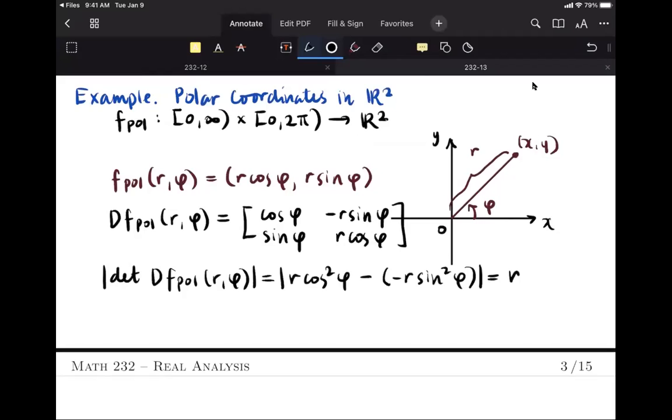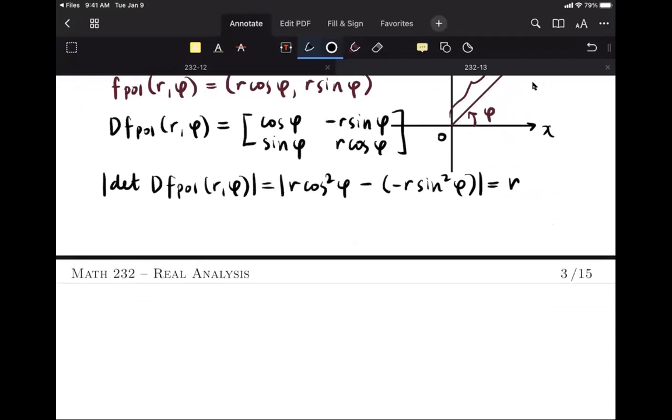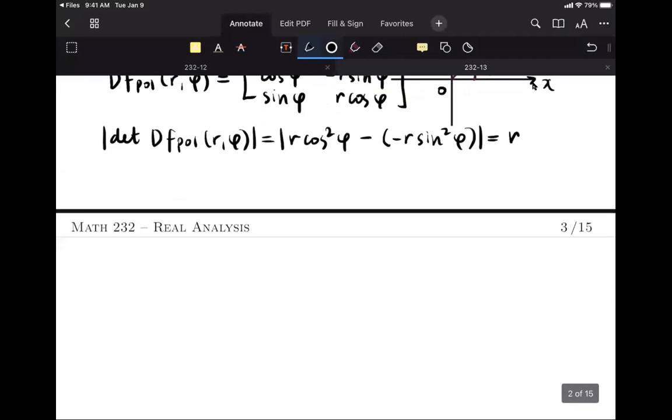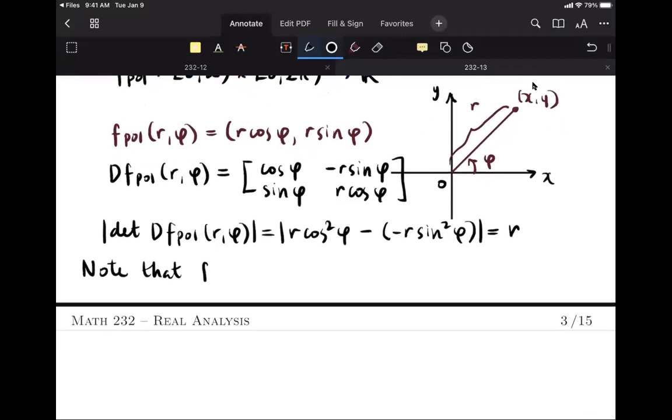However, this function is not a diffeomorphism. Nevertheless, if we restrict the domain, you can check that this is a diffeomorphism from this product to R squared except 0.